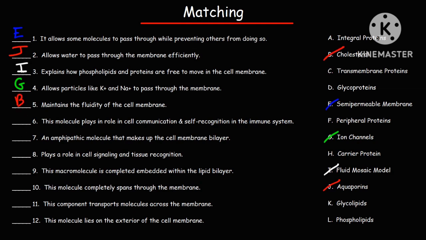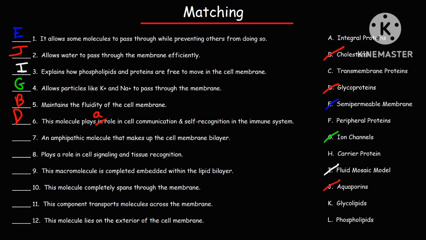Number 6, this molecule plays a role in cell communication and self-recognition in the immune system. What molecule is that? This is going to be the glycoproteins. So that's a D. Number 7, an amphipathic molecule that makes up the cell membrane bilayer.